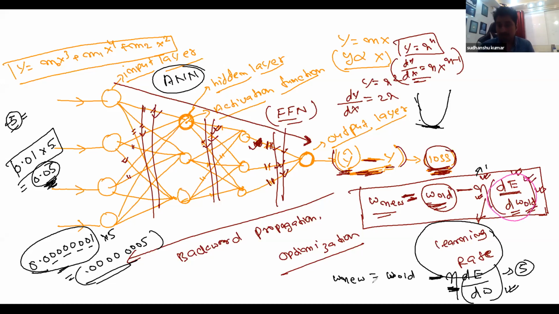Sometimes we take 0.01, 0.003, 0.02, right? In many different neural network architectures, you will find that people have experimented with different learning rates. With which learning rate am I able to reduce our losses?